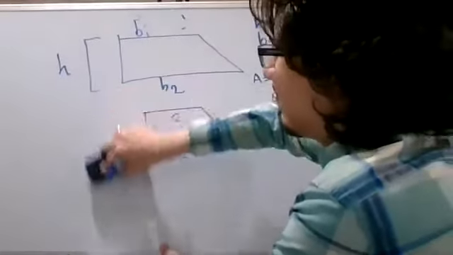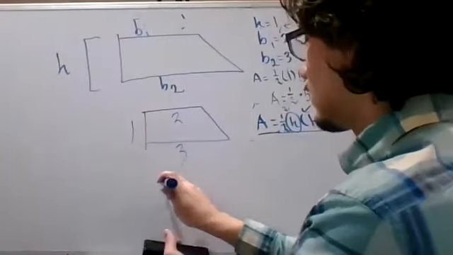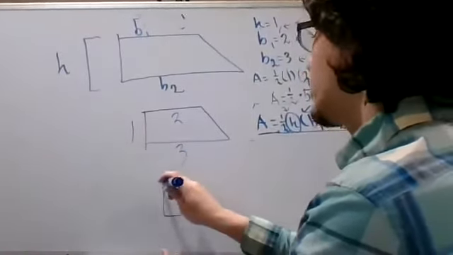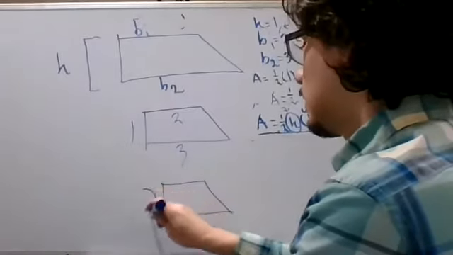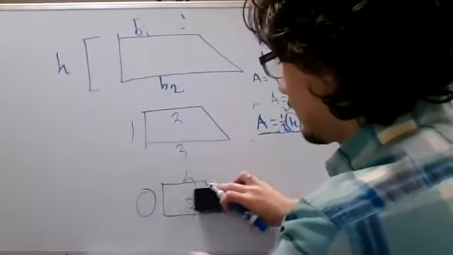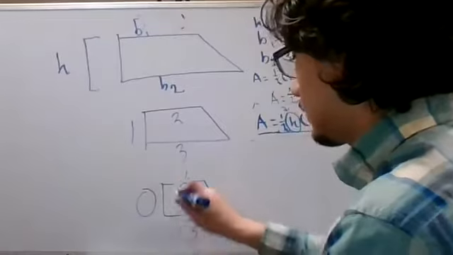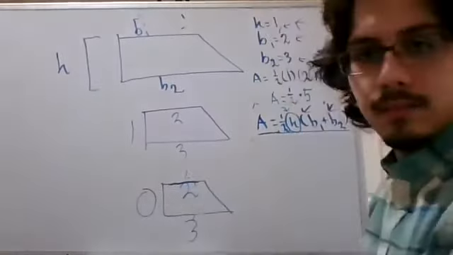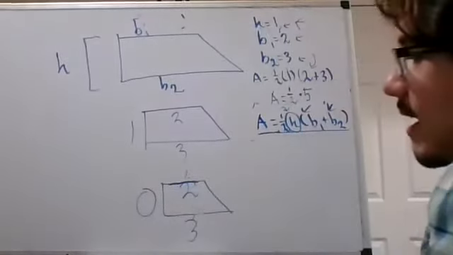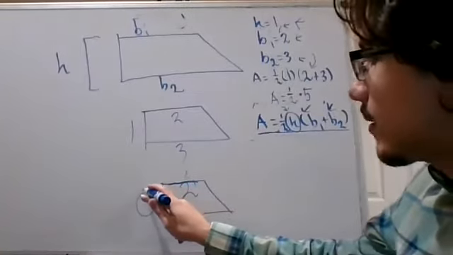Does anyone know? So this would be our new trapezoid. Does anybody know what the area of this trapezoid would be? Because its side is 0.